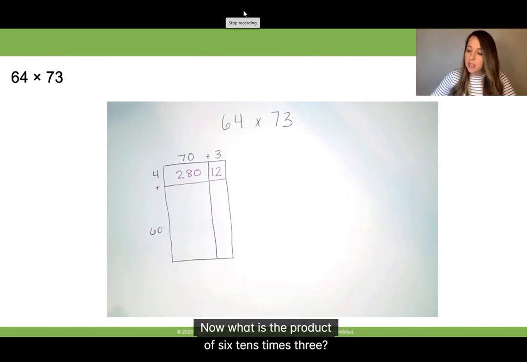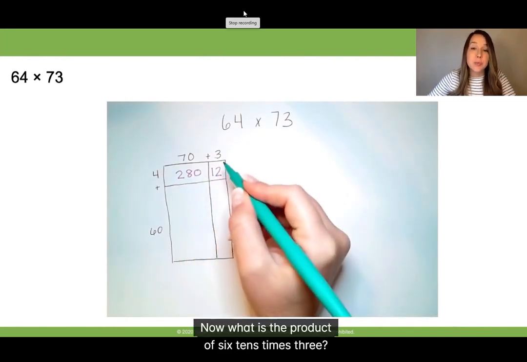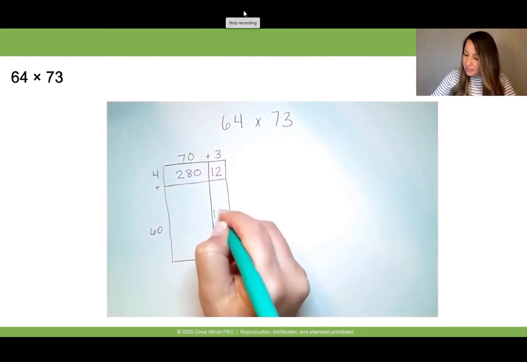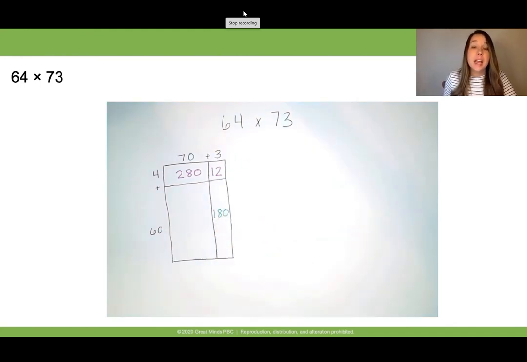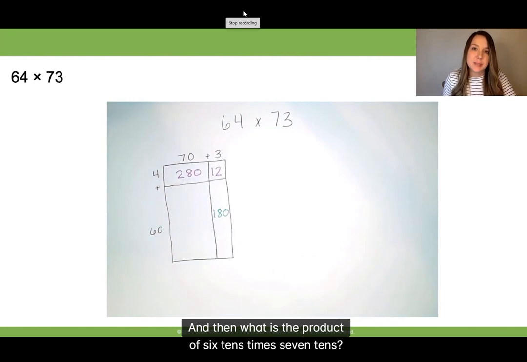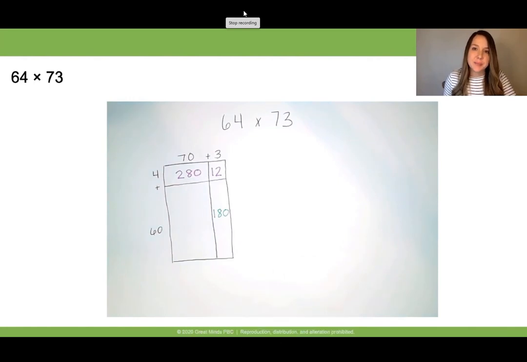Now what is the product of 6 tens times 3? 18 tens. And then what is the product of 6 tens times 7 tens? 42 hundreds.